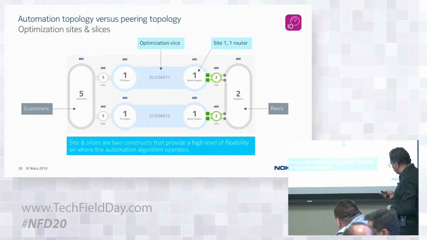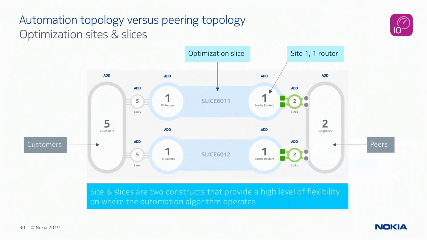So let me mention one consequence of automation we came across when we started implementing it. We realized it's not enough to use just a protocol set. We needed a construct that can be orthogonal to the reachability. We needed a construct that allows us to say, I want to optimize within this router, this edge router, this region.